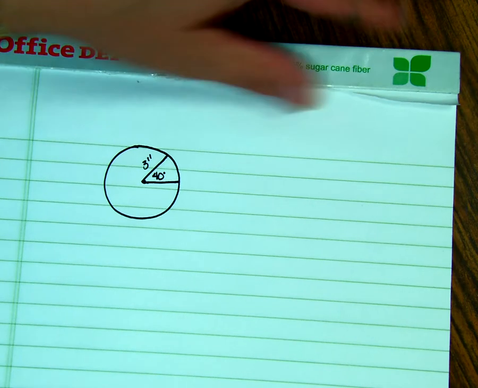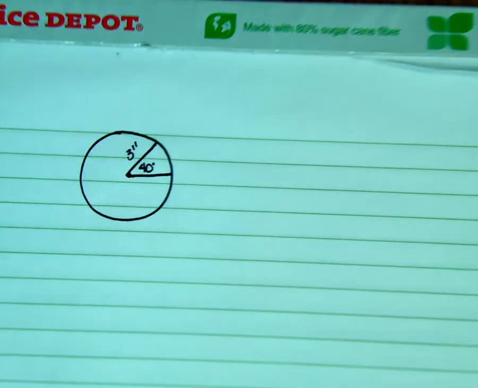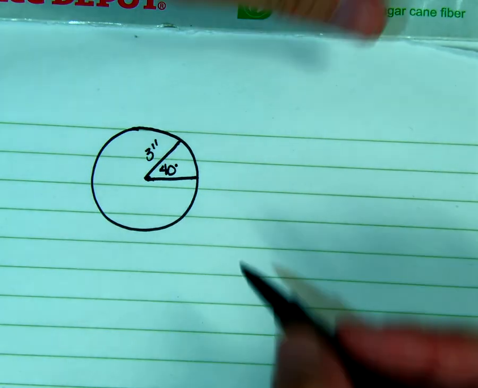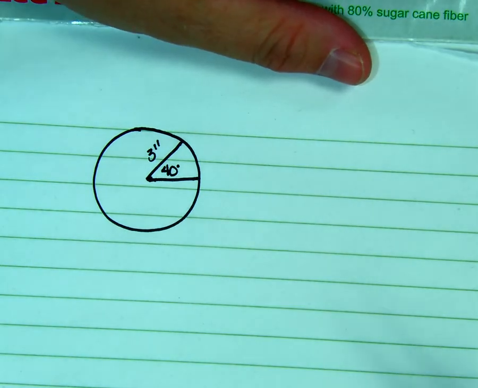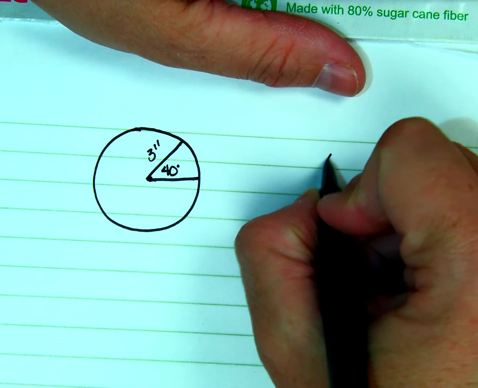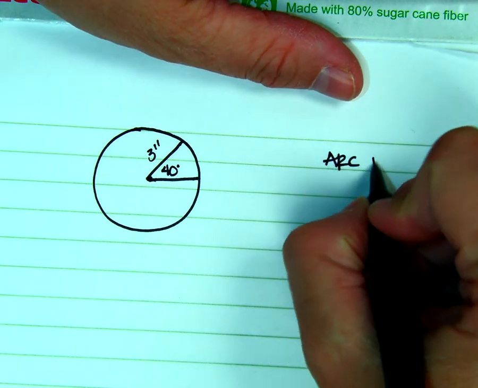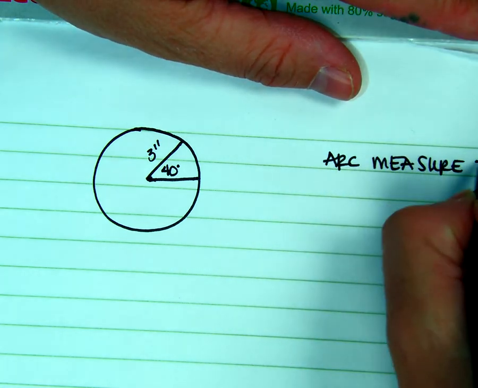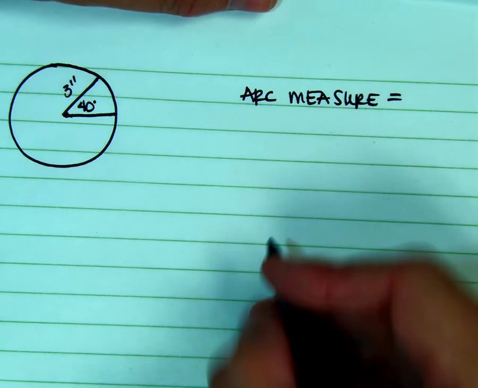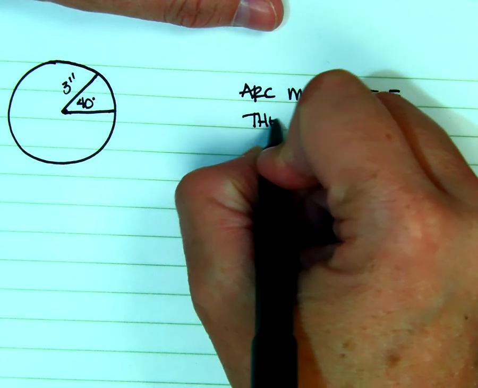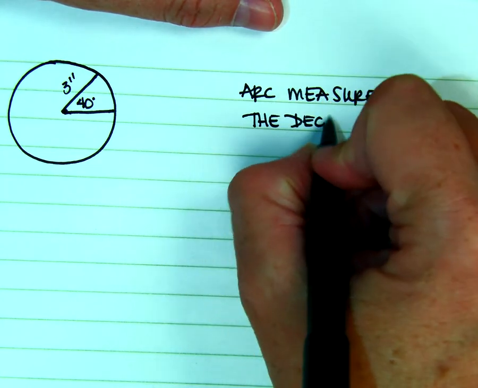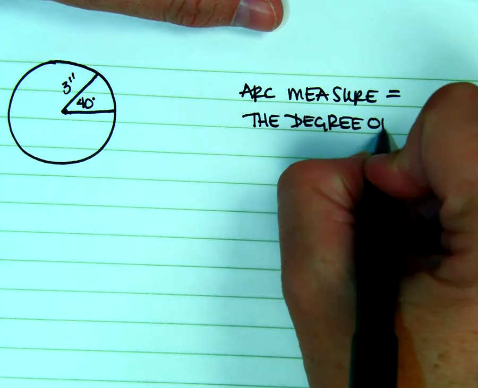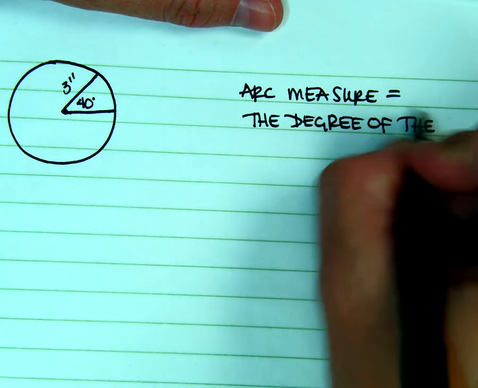So my central angle is 40 degrees. Let's talk quickly about arc measure. So arc measure equals the degree of the central angle.